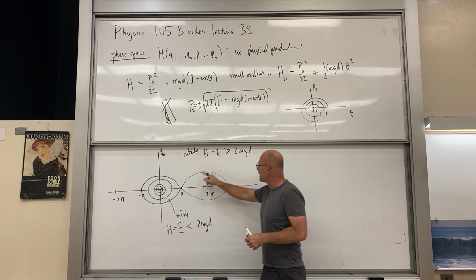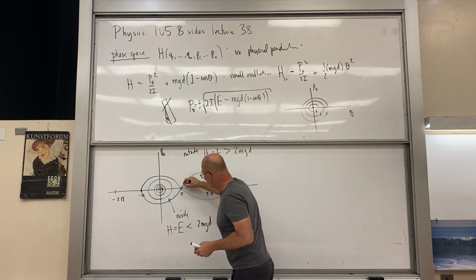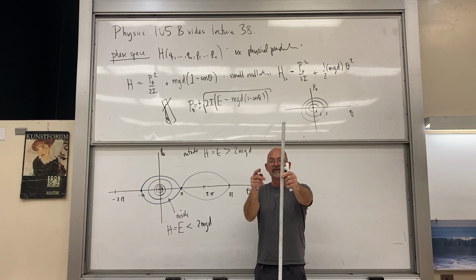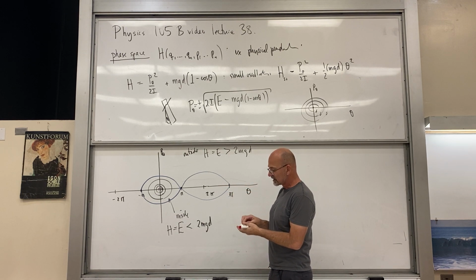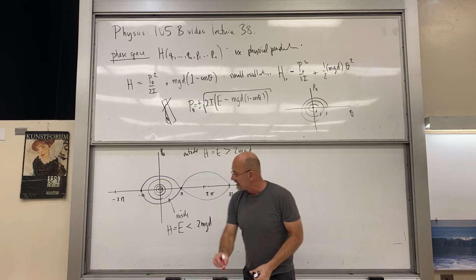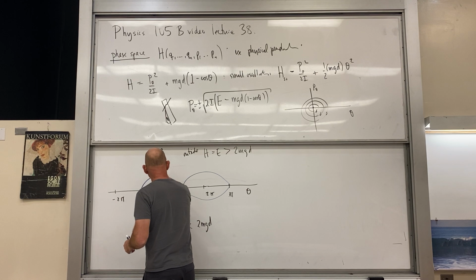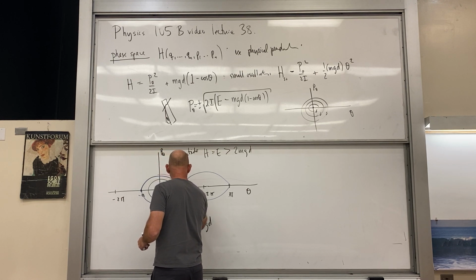This curve here, when E is equal to 2mgd, is the energy of this object, although it's not moving, it's just standing on its head. So any energy greater than this, how about we use a different color, because we can, we'll have a curve. So this next energy is slightly bigger.